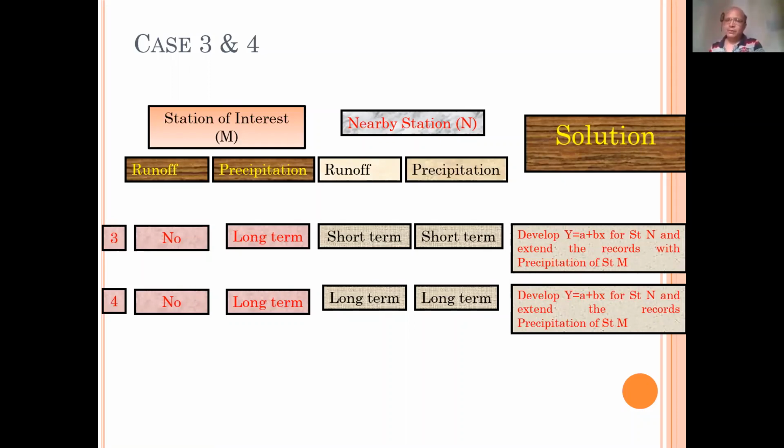You have to develop different equations for different months using that rainfall and runoff in centimeters or meters. Generally centimeters we take, and with that same equation you apply with rainfall of your site, and multiplying area you can determine runoff. So this is third and fourth case.